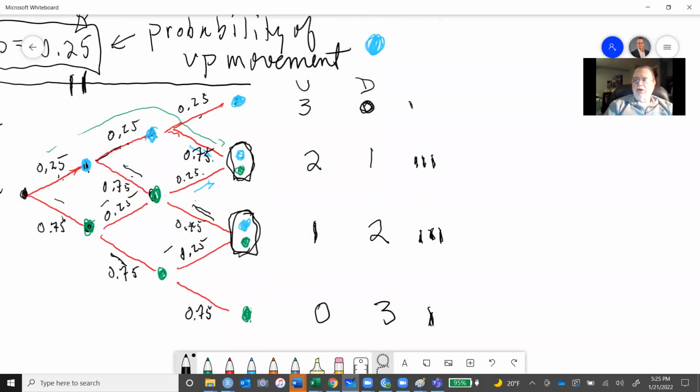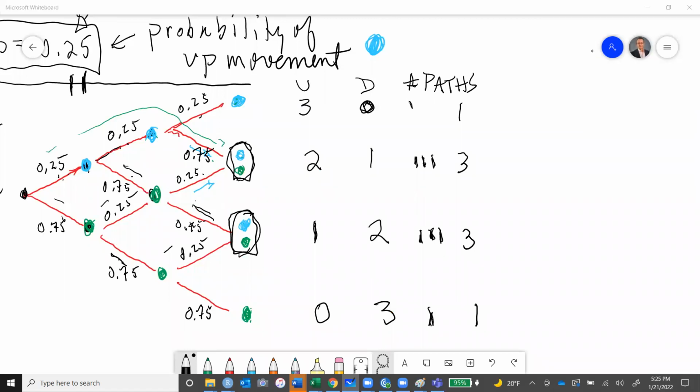I now want to ask, so this is literally the number of paths. 1, 3, 3, 1. Let me move that up here so we can create a little more real estate on the side.